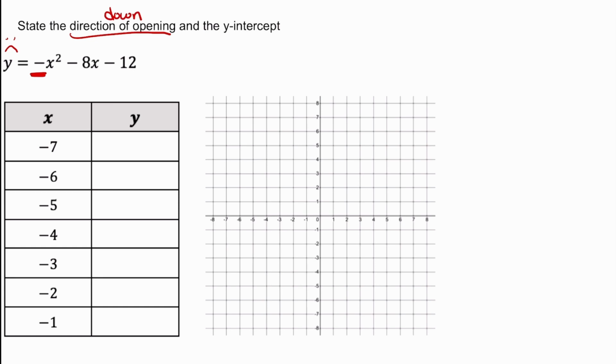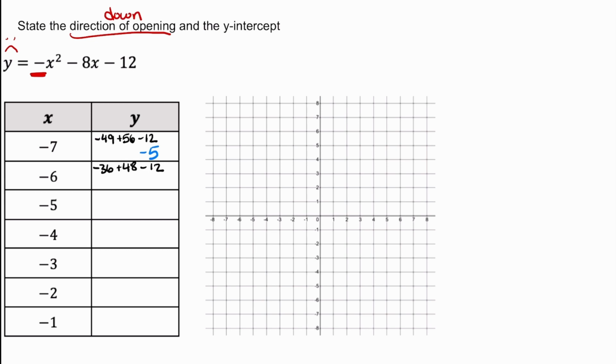So -7 squared is 49, times -1 is -49. -7 times -8 is 56, and then minus 12. So if we add all those together, we get -5. If we sub in -6, so -6 squared is 36, times -1 is -36. -6 times -8 is 48, and then minus 12.